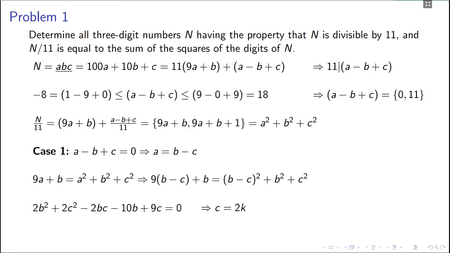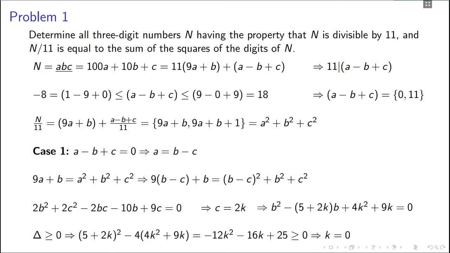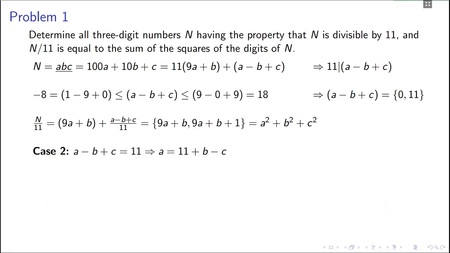So write c equal to 2k and some factors will go out and you have this quadratic, and from there you look at the discriminant, it must be greater than or equal to 0. So from there you see that k can only be 0, after that it becomes negative. So you take k equal to 0, substitute it here, you will get b equal to 5, and from there you will get a equal to 5. So the number is 550.